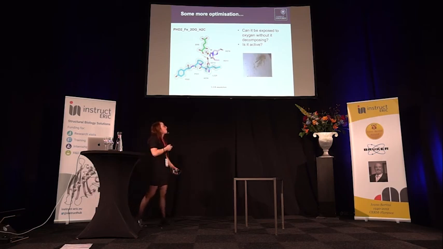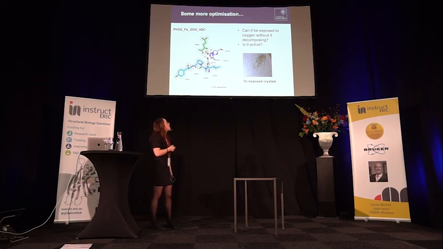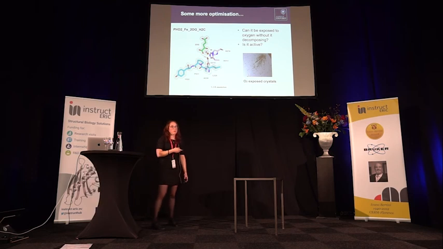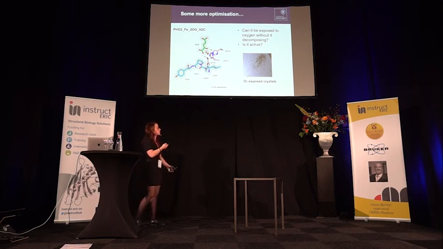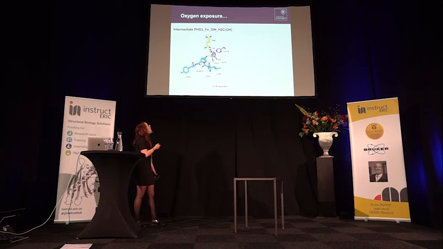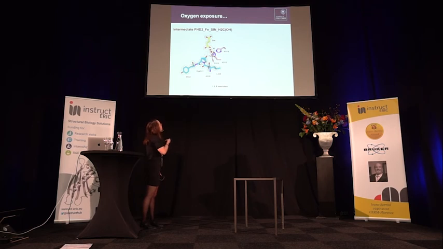So holding our breath, we exposed these crystals to oxygen, hoping not to see them melting away. And they were actually surprisingly robust. So we managed to harvest some of them at different time points, with different oxygen exposure times. And we observed some hydroxylation in the active site, so there was actually turnover.